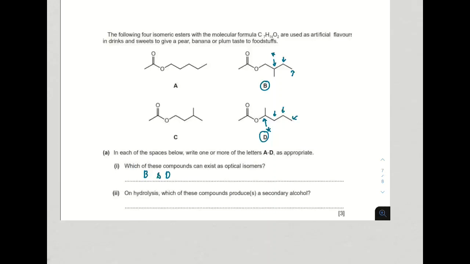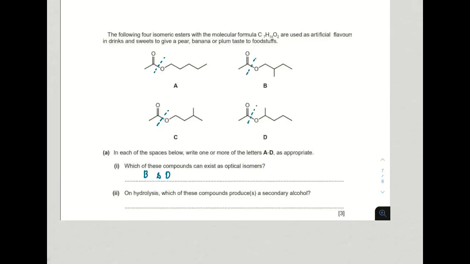Now on hydrolysis, which of the following compounds produce a secondary alcohol? Let's actually erase all this. Let's actually do the hydrolysis. The hydrolysis, this bond will be broken, this bond will be broken, this bond will be broken.